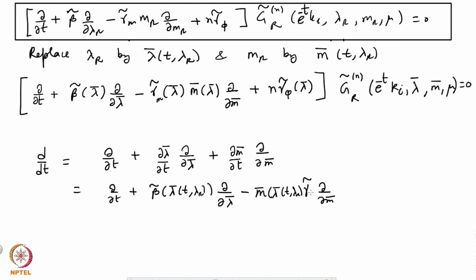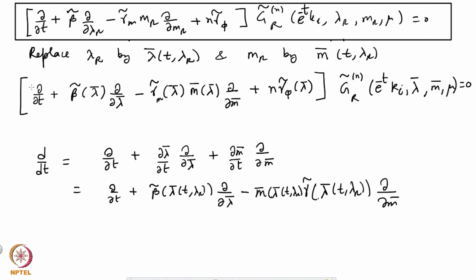Again I should write those arguments: gamma tilde of lambda bar, which is a function of t and lambda r, and then you had del over del m bar.